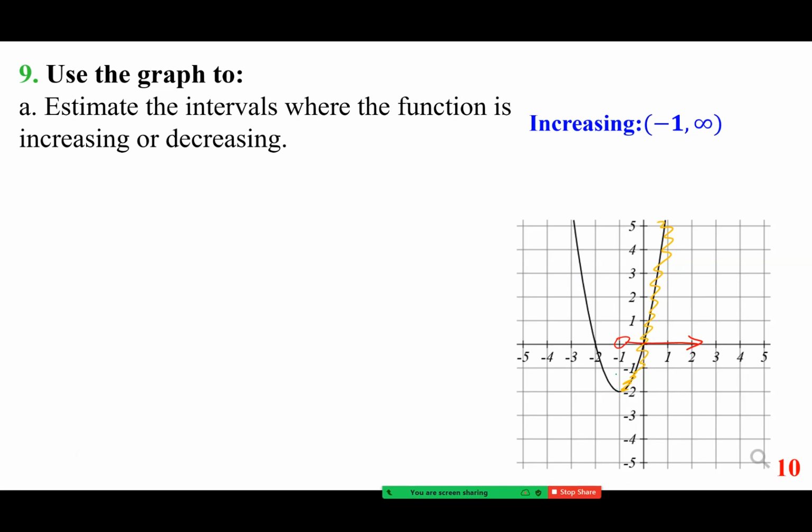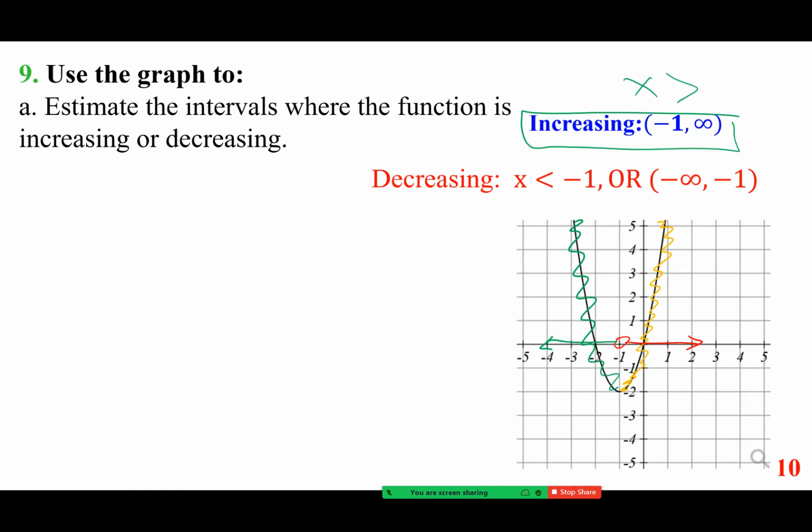It's decreasing here. So this way is decreasing. So negative infinity to -1. Or you might say x is less than -1. If you go that route, you can say x is larger than negative 1.